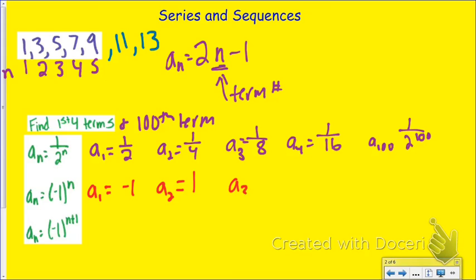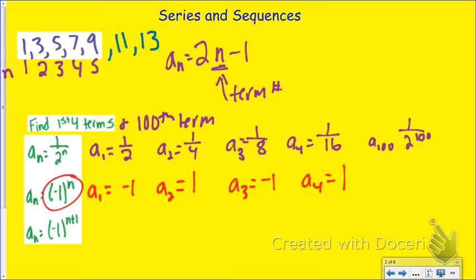If I raise it to the third power, a negative times a negative times a negative is negative. But then if I go to the fourth power, I get a positive number. So what's going to happen here is I'm going to alternate signs. What this is helpful for is if you're trying to write a sequence with alternating signs, any sequence can get multiplied by this -1 to the n and give you those signs alternating.